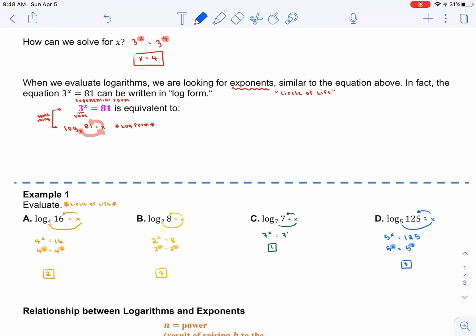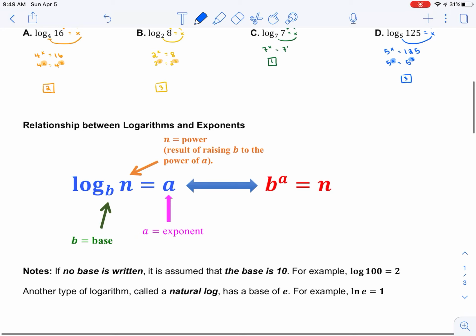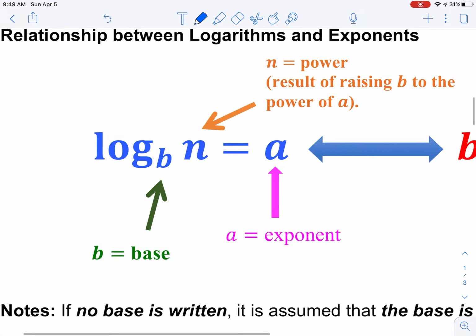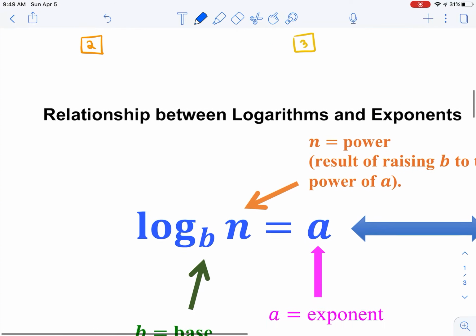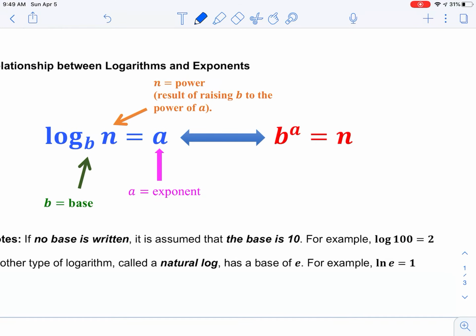Now, that's really it. Notice all of these answers were really just an exponent. The exponent that the base needs to be raised to equal that value that was to the right of the log, the big number to the right of the log. So down here, you'll see all that terminology written out. You'll see that when given something in log form, we call that base number b, and the exponent it needs to be raised to is the value on the right-hand side of the equals, and that's going to equal this value of n.